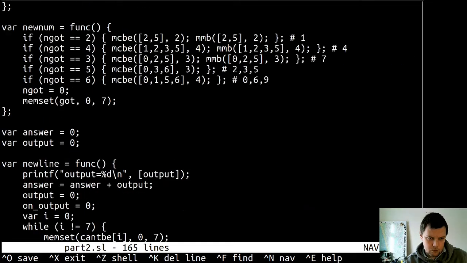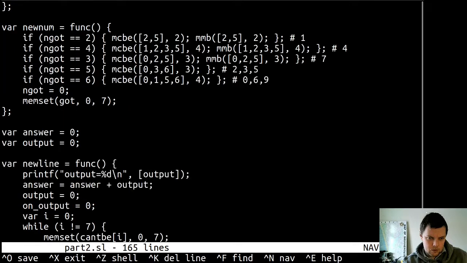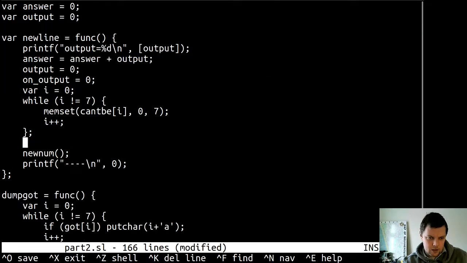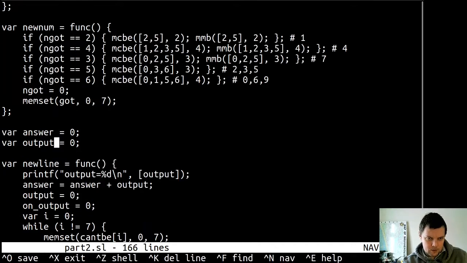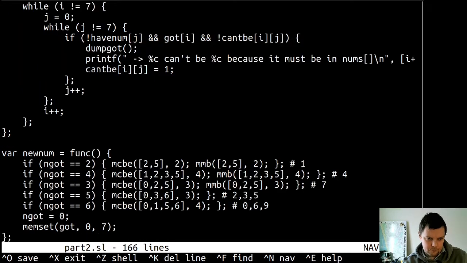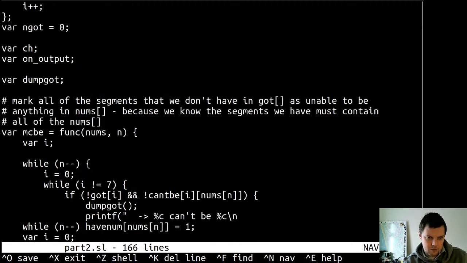Well, when we call new num at the new line, we don't actually want it to do anything, so we can do that. Have num get set to 0 before we use it.